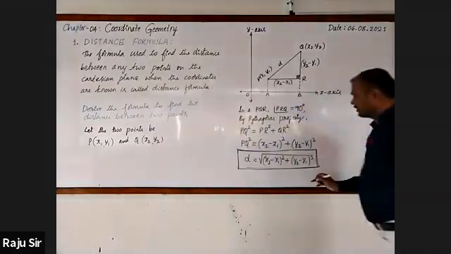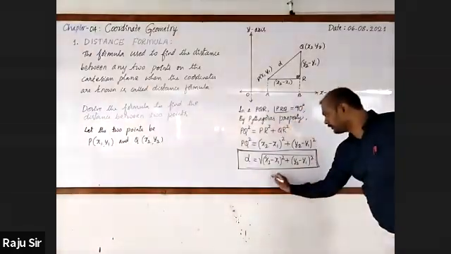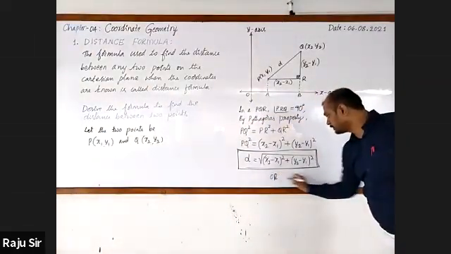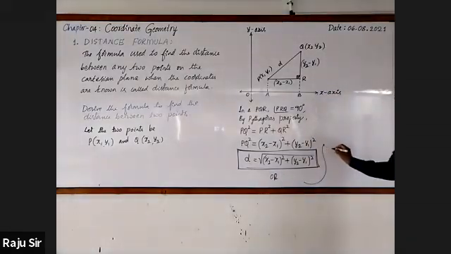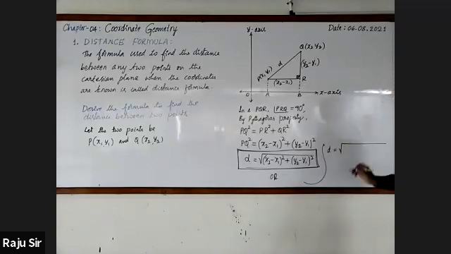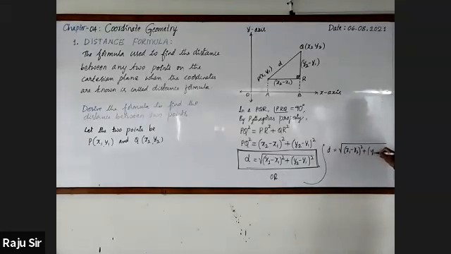This can also be written as d is equal to the square root of x1 minus x2 whole square plus y1 minus y2 whole square.